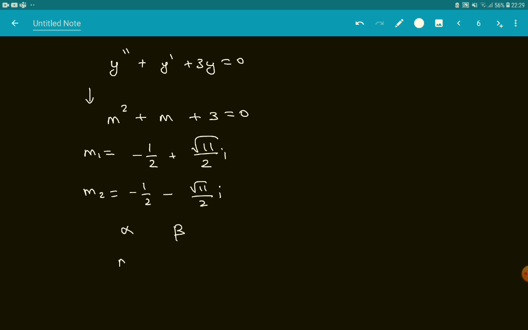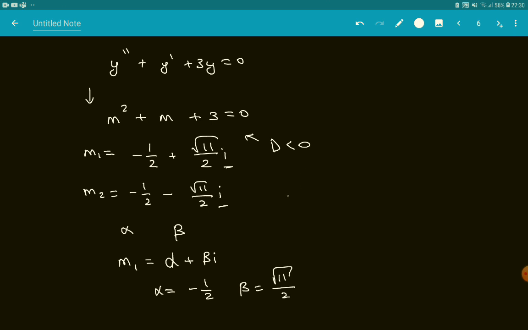As you know, because this is case 3 and the discriminant is less than 0, we can check it, but it will definitely come like this because we have complex roots. So m1 should be alpha plus beta i. Looking at here, we can decide that alpha is negative 1 over 2 and beta is square root 11 over 2, and there is no i.